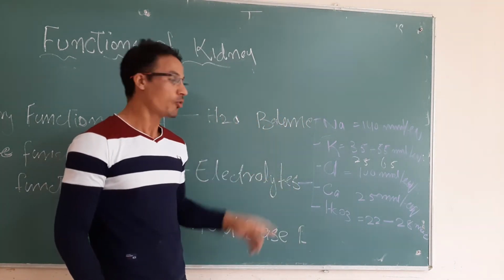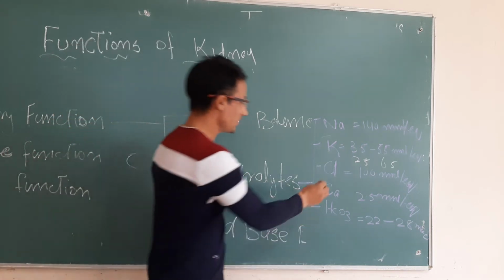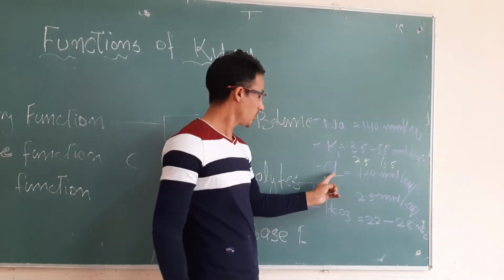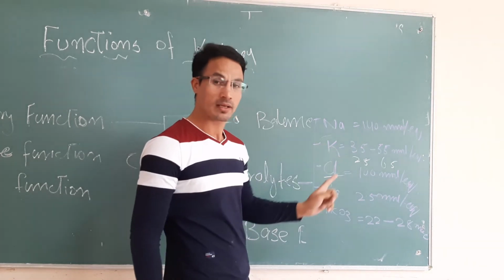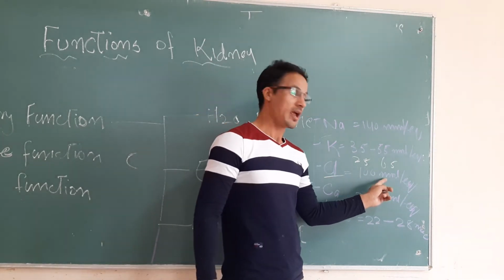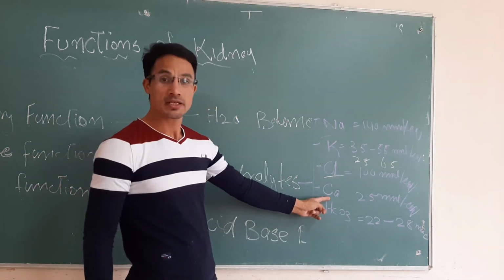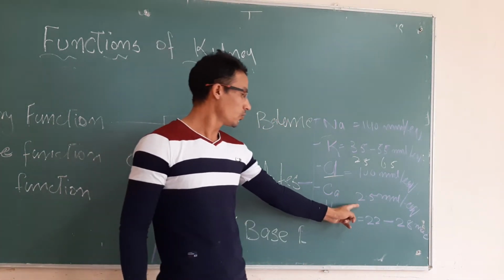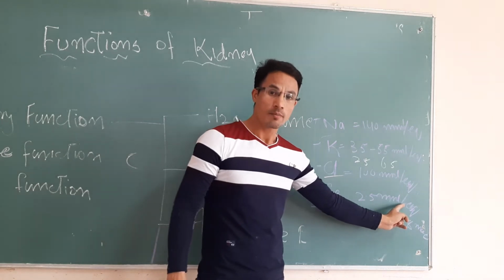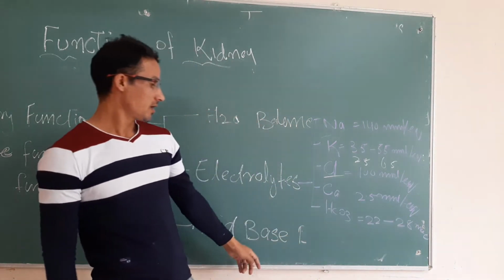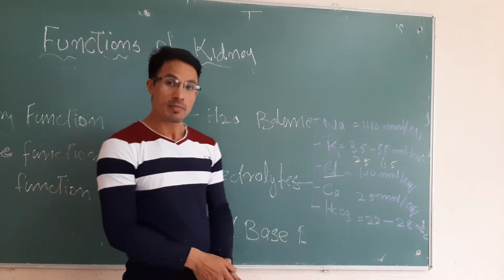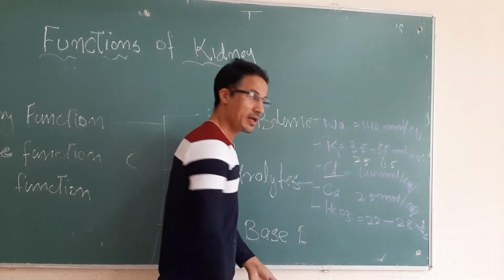And the second, that's chloride. The normal concentration of chloride in the body is 100 milliequivalents per liter. And the third is calcium. Calcium is 2.5 milliequivalents per liter. And the last, bicarbonate, which helps us maintain the blood.